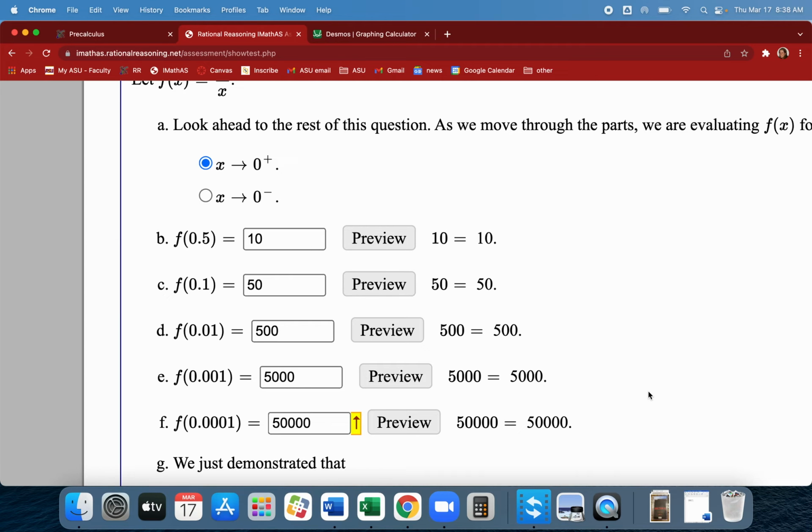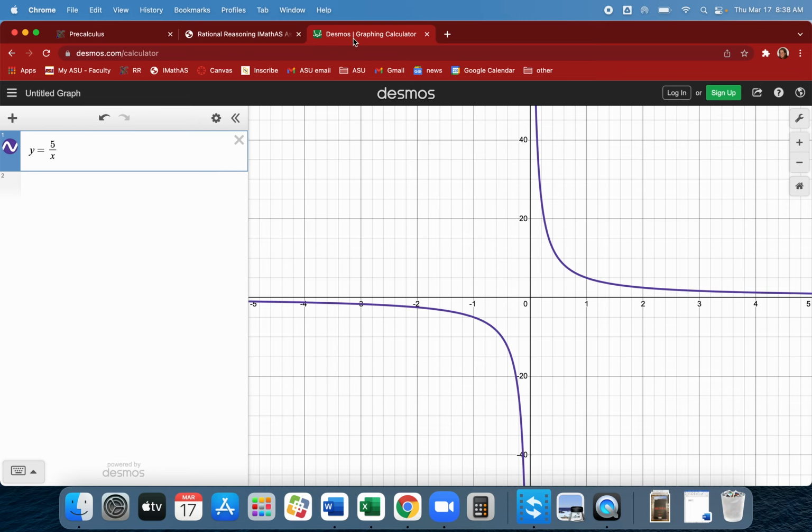So notation-wise, and I'm out of chalk that I can hold on to, if I talk about x approaching 0 from the right, f of x gets larger and larger. Or in the graph that we had, if I'm to the right of 0, but approaching 0, zoom, way up.